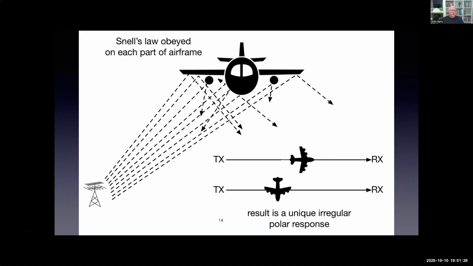Here we are. Here's the geometry of it. The critical thing is, this is why I would dispute why it's called scatter, because there's nothing scattering about it. It does not obey the Rayleigh scattering criteria, therefore it's not scatter per se, but that's perhaps getting a little bit academic about it. Snell's law is just angle of reflection equals angle of incidence. And so what we're getting is all parts of the airframe are reflecting.